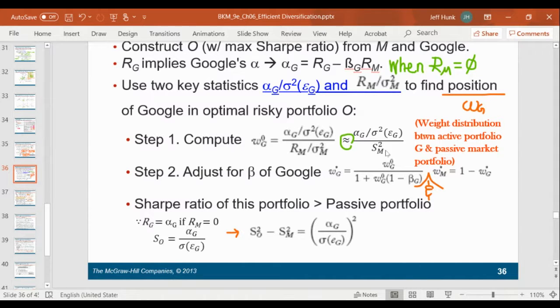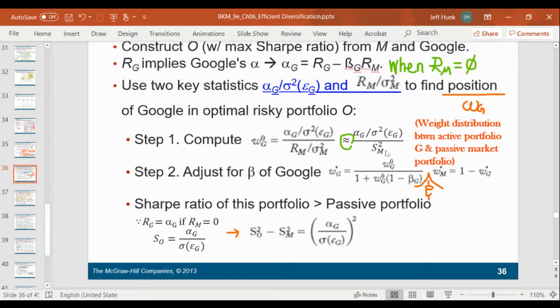Positive, but between 0 and 1, negative, but between 0 and negative 1, positive, greater than 1, negative, meaning less than negative 1. There are multiple scenarios, at least 3 or 4 scenarios for the possible weight. But the weight will have to be less than 1. Isn't that right?